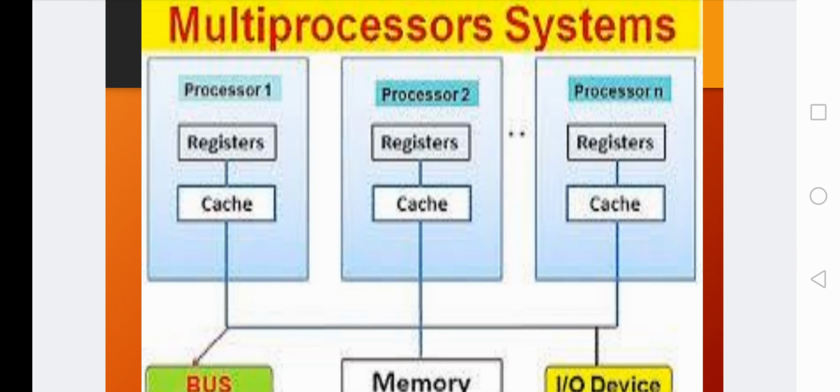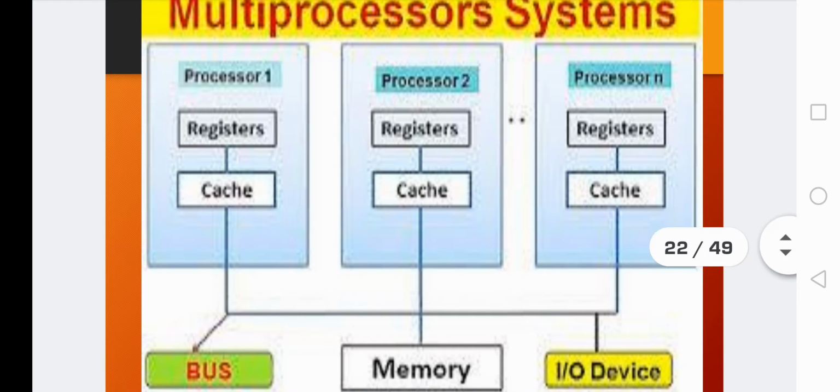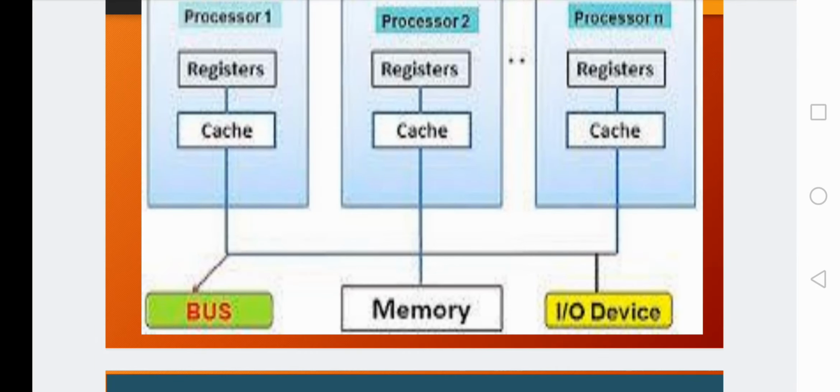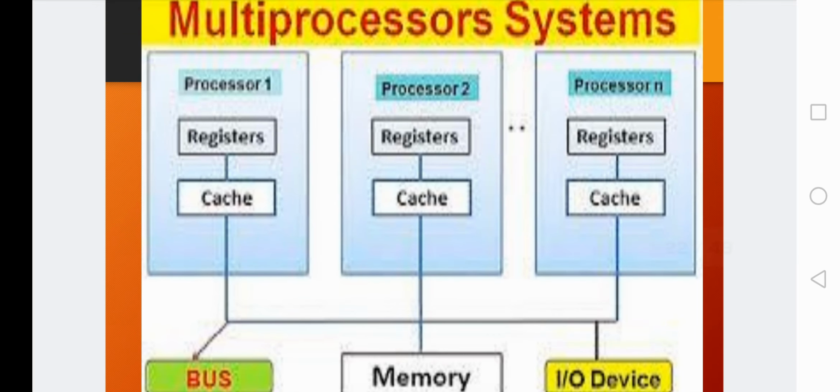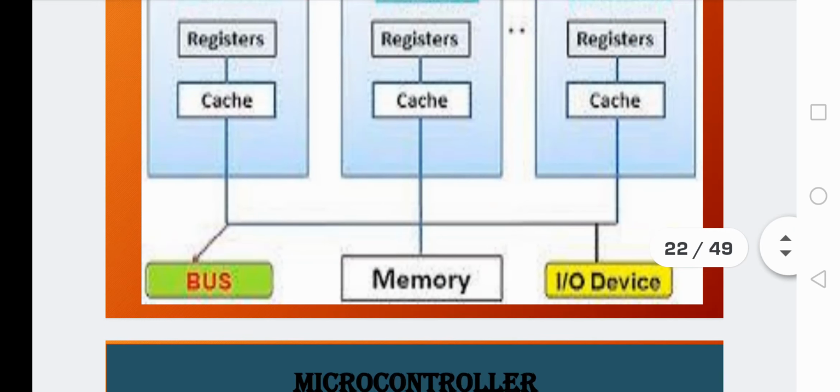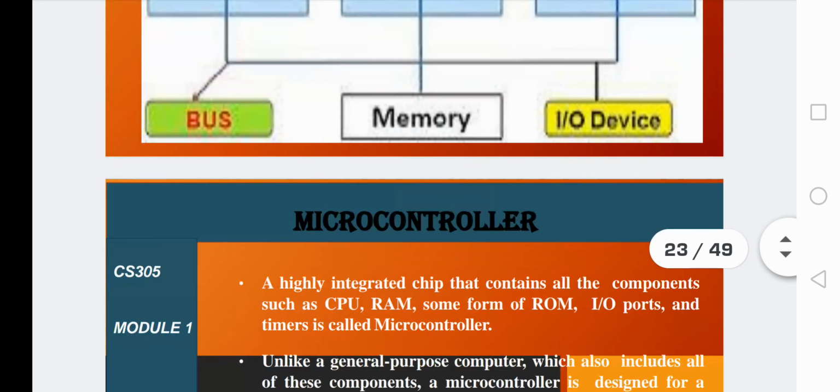Each processor has its own set of subunits, but these processors, the memory, and the IO devices are all connected with the help of buses. The buses are the communication channel which helps us to link each other and to transfer information or data from one unit to another. With the help of the bus we are able to interface or connect these n number of processors with the memory as well as IO devices. So hope it is clear.